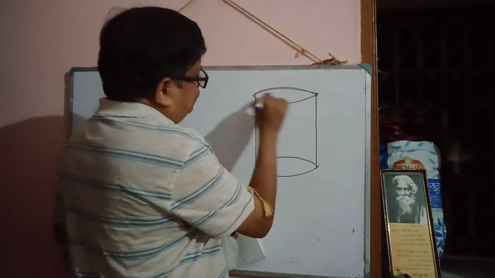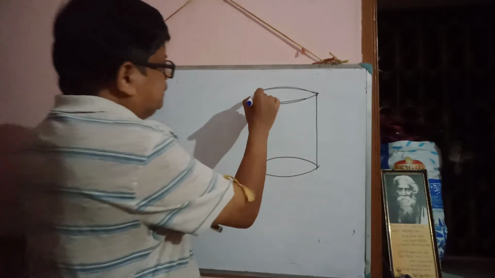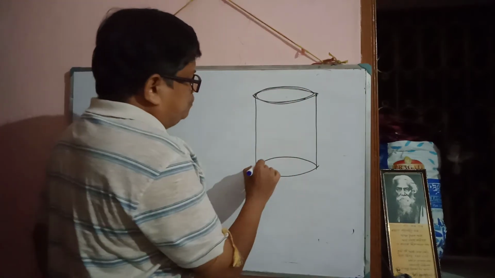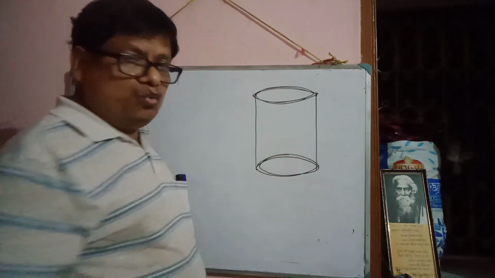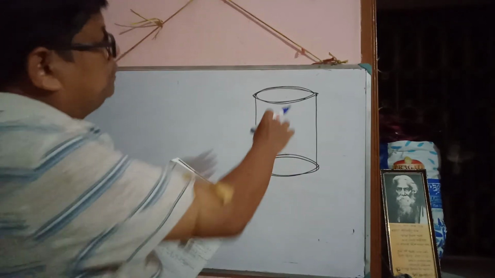This one is parallel, and this face is also there. How many are there? 2. So the answer is 2. The circle is here.